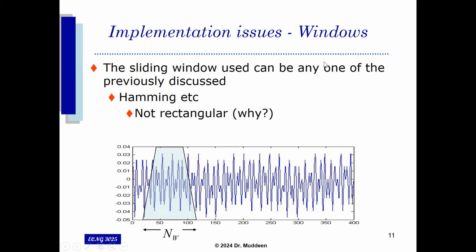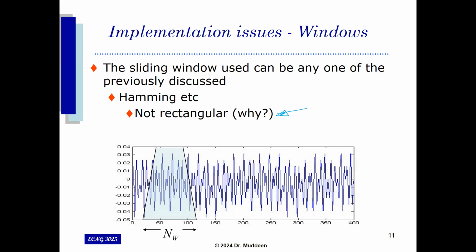Right, so one of the things we said so far is that you take the signal and you use a sampling window and you slide the window along. You can use any of the windows that we want except the rectangular window. I'll leave you all to answer that, because let's go back to the last class.